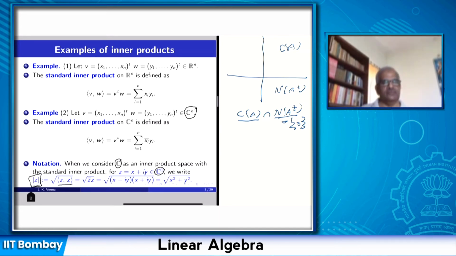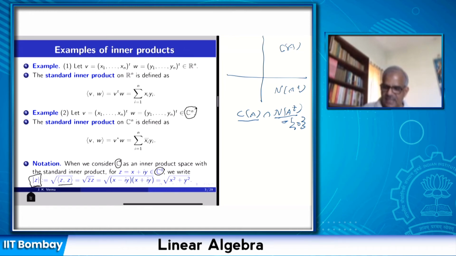The standard inner product of Cn between two vectors V and W is V star W, and it is copied from the dot product in Rn. So Rn becomes an inner product space, and Cn also becomes an inner product space.